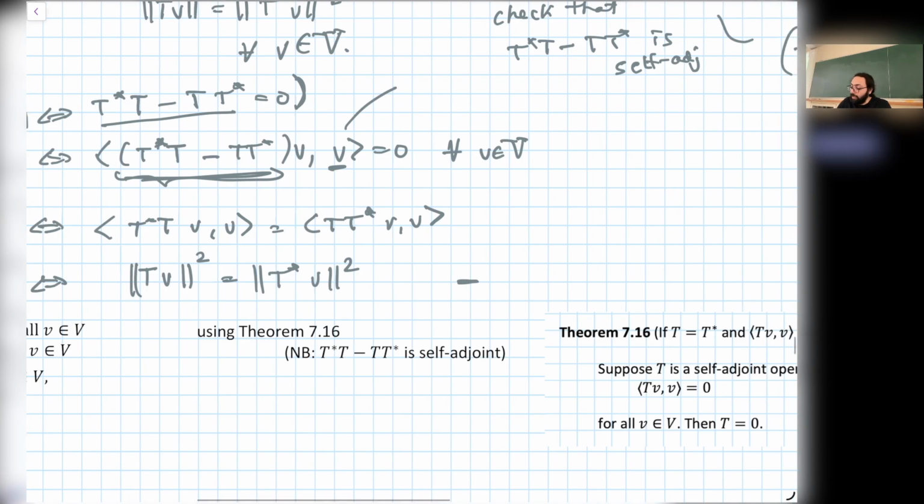Yeah, okay, so let's use the definition of the adjoint, right? So you have T T V, V. Okay, if I want to take this operator to the other side, what will I get? The adjoint of T star. We know that the adjoint of the adjoint is itself, right? So you're going to get T V, T V, correct? It's just similar to the other side.